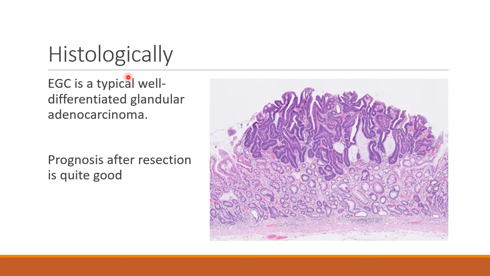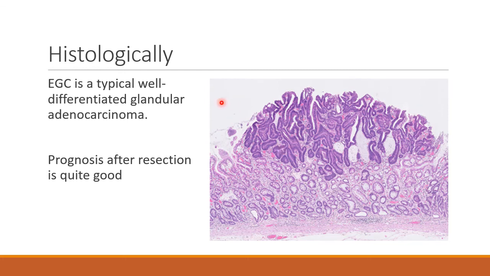And histologically, early gastric carcinoma is a typical well differentiated glandular adenocarcinoma. As you know, differentiation refers to the extent to which the neoplastic parenchymal cells resemble the corresponding normal parenchymal cells, both functionally as well as morphologically. And lack of differentiation is called anaplasia.